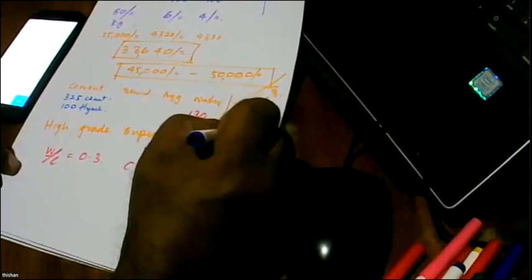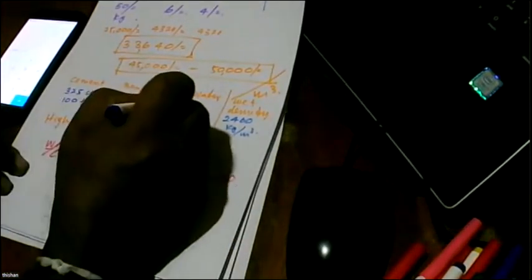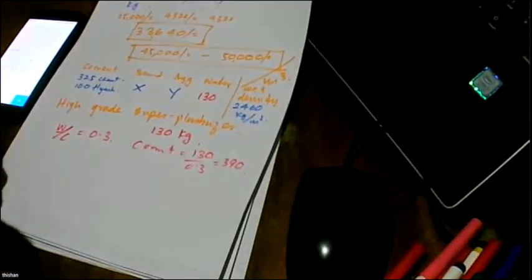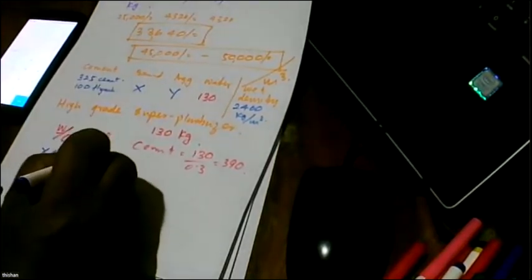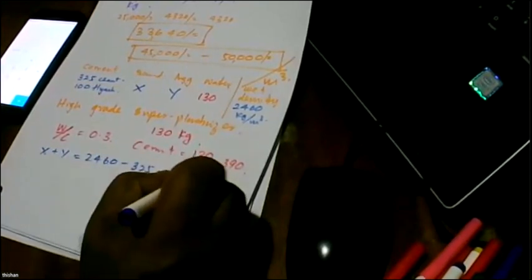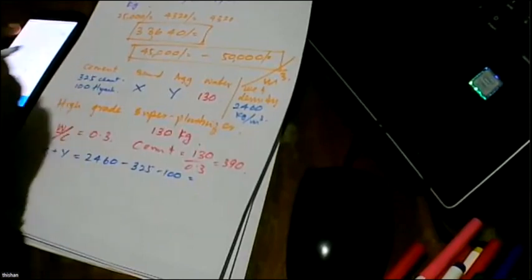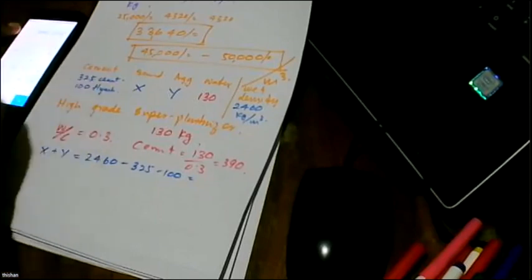And then if you look at the numbers, because we are using a significant amount of fly ash, we can expect the density to drop to about 2,460 kilograms per meter cube. So density drops. So if you look at the numbers x and y, x plus y is 2460 minus 325 minus 100.